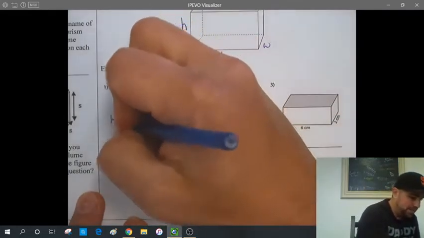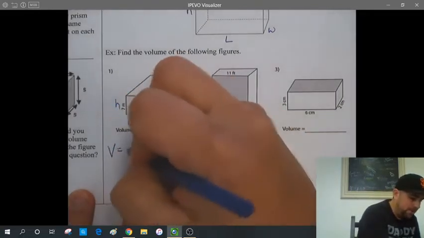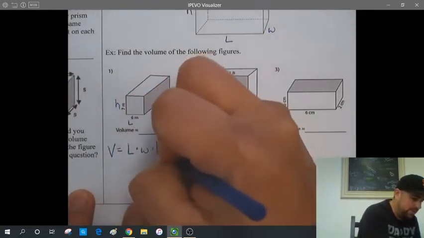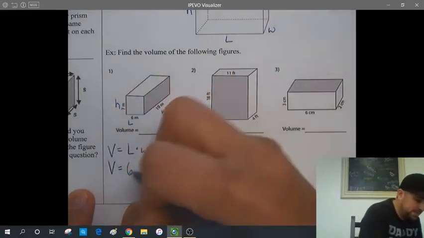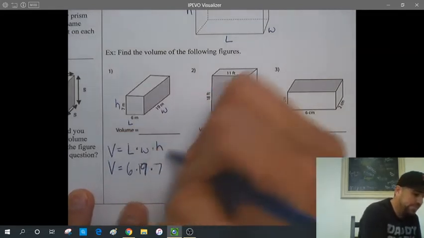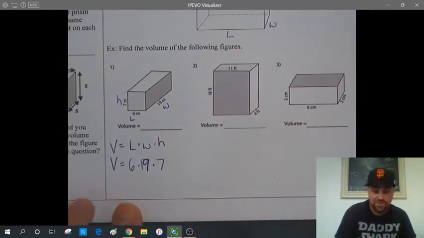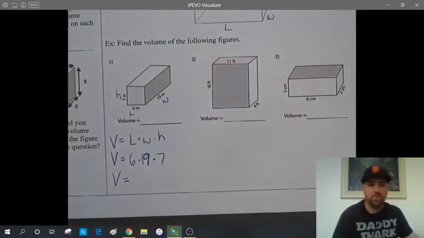My height given over here is 7. And so again, for volume, we do length times the width times the height. So here for this one, that would be 6 times 19, as I labeled it, times 7. But had I done the 7 first and switched that for the width, I'm going to get the same answer, right? Because multiplying those in any order will work.